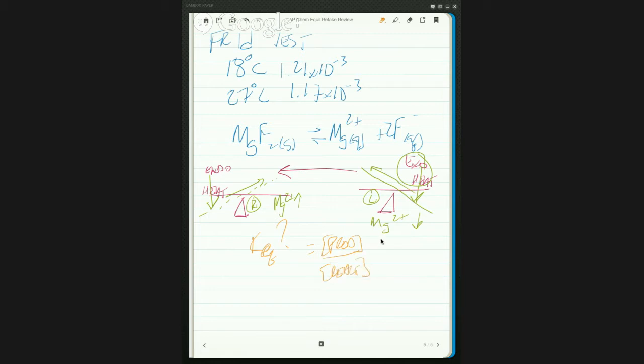If the amount of product goes down and the amount of reactant goes up, and in this case it doesn't matter because it's a solid, so it's not really a product, but the amount of your product goes down, K equilibrium, or KSP, goes down in a situation like that. So you need to be aware of that. On the test, there will be questions like that that will ask you. So that answers Mary's question for 1B and 1D.